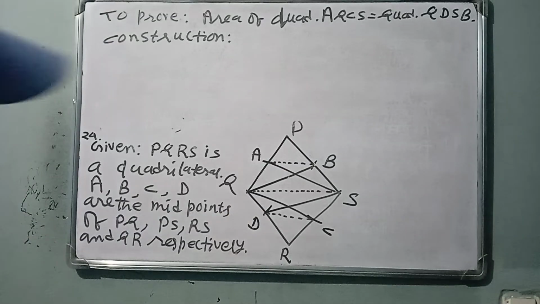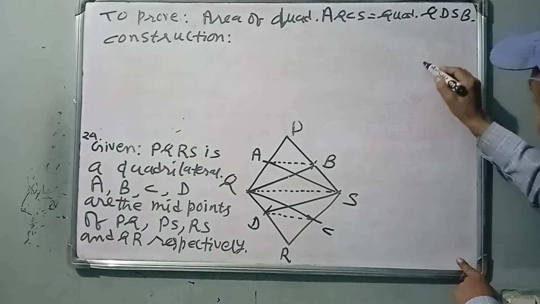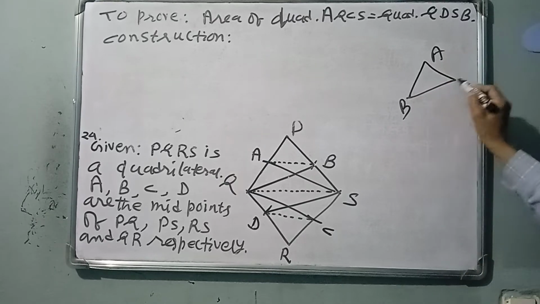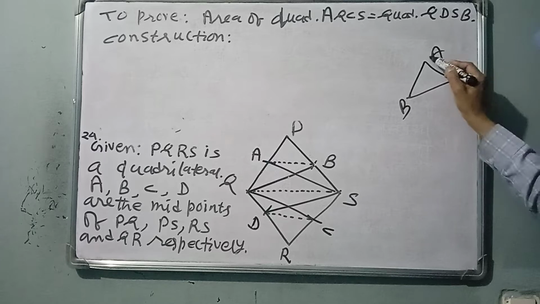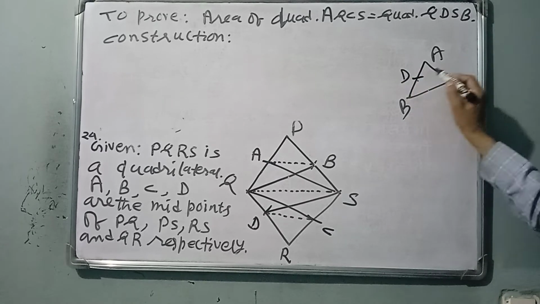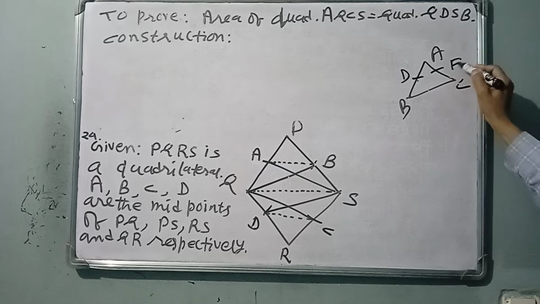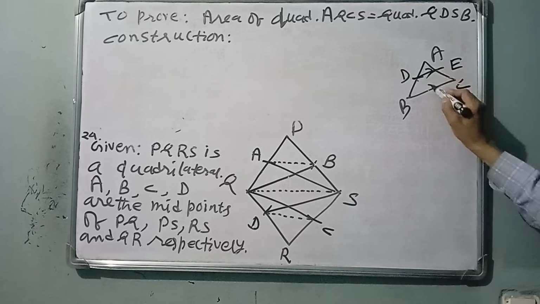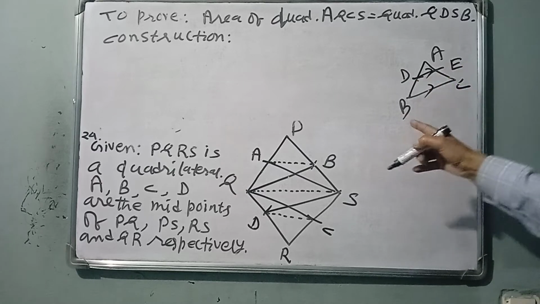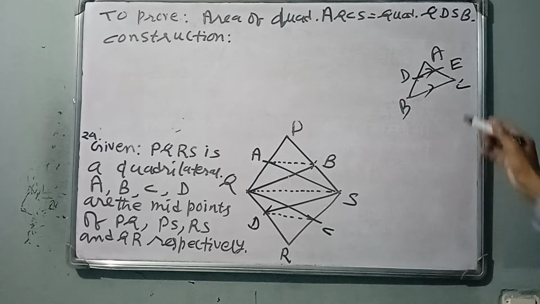In class 9 you learned one thing. Can you remember the midpoint theorem? Let me look at its corollary. ABC is a triangle, D is the midpoint of AB, E is the midpoint of AC, and if you join them, DE is parallel to BC and half of BC.